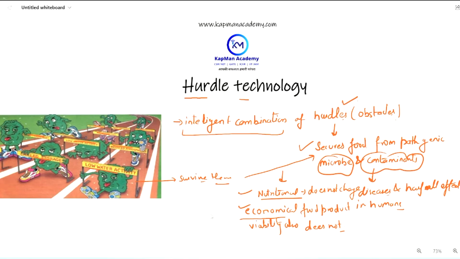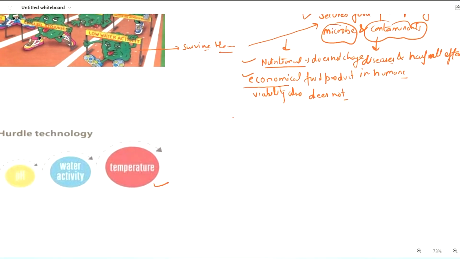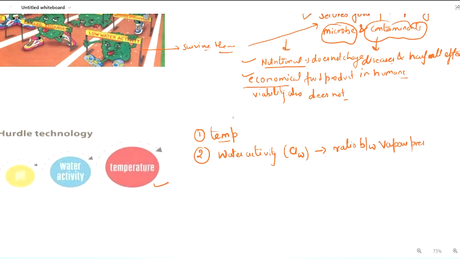So the basic hurdles in hurdle technology which are applied to food products are, number one, temperature. Second, water activity, which is denoted as AW, and it is the ratio between the vapor pressure of the food itself and that of pure water.